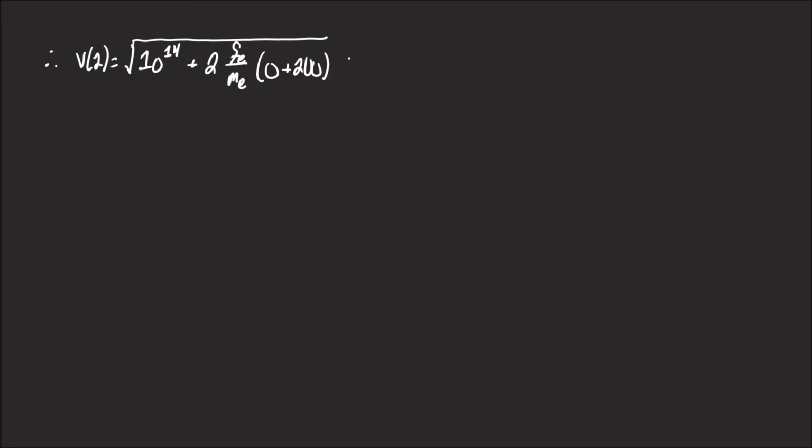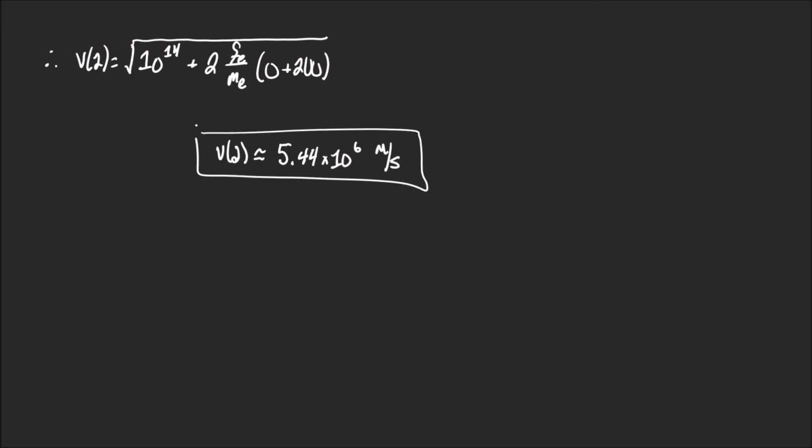When we simplify this and plug in the value for q_e over m_e, we get v of 2 is about 5.44 times 10 to the 6th meters per second. And that concludes this video, concludes our look at conservative vector fields.